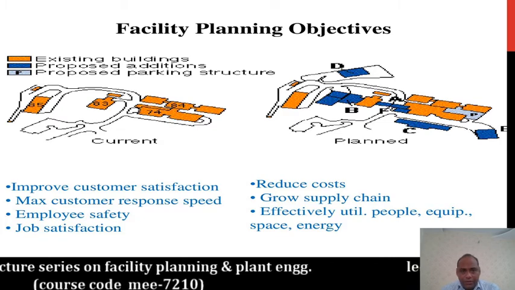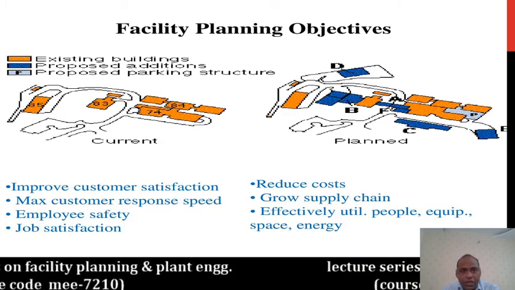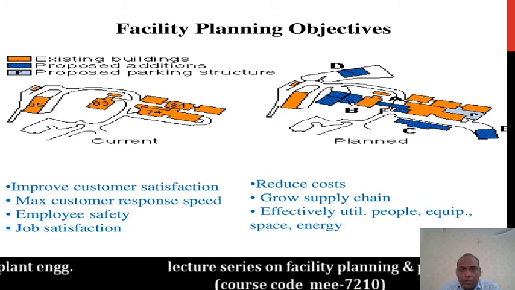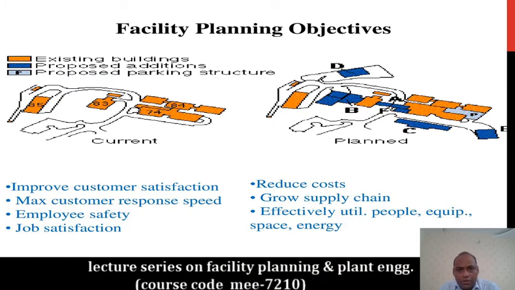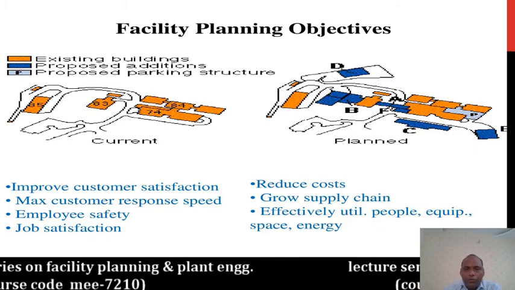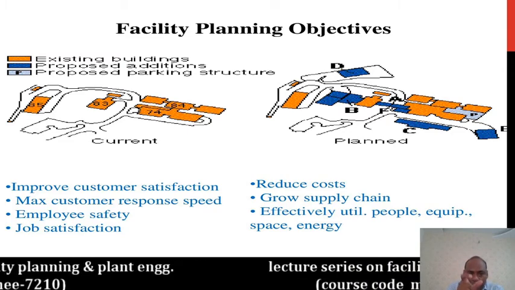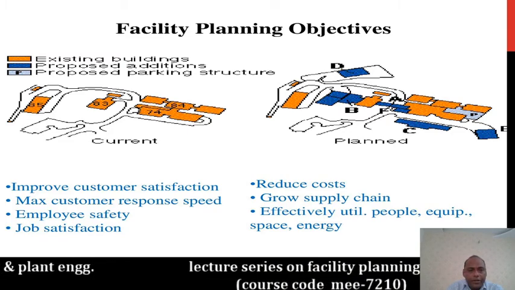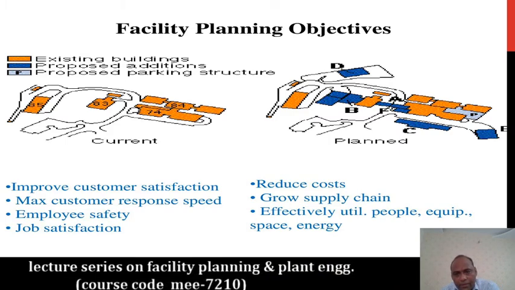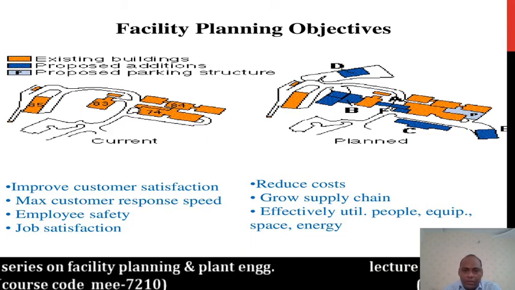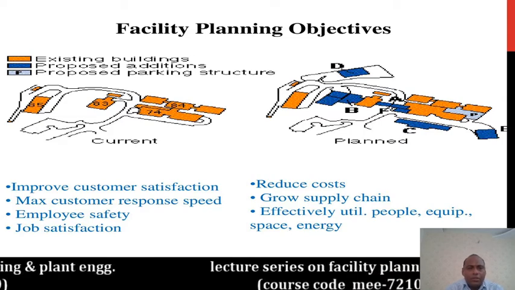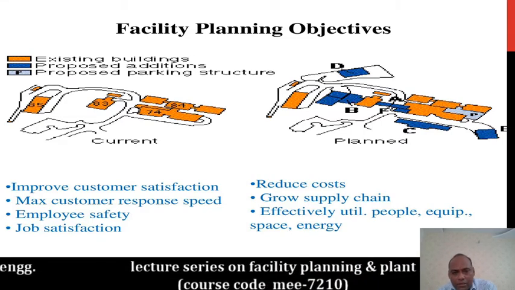In that condition, what is the flexibility of this addition in your proposed layout? It may be possible or not, so we have to focus on it. These are certain points related to this. If you plan this, is it possible, is this planning feasible or not? These are the things.